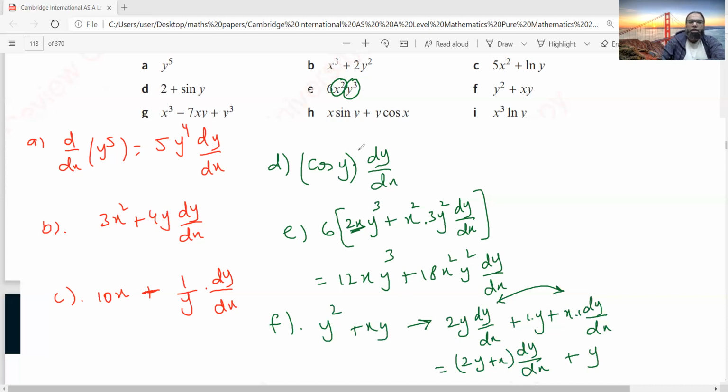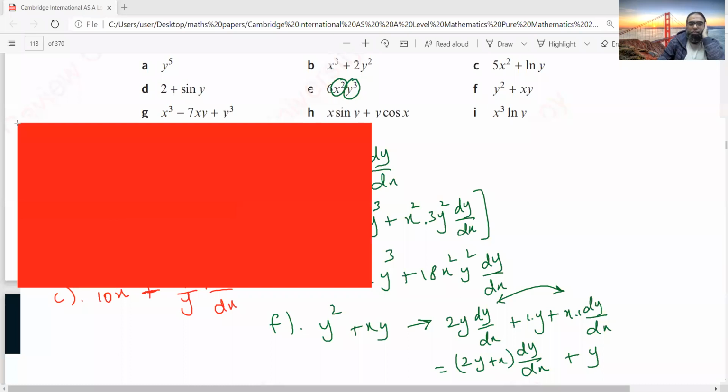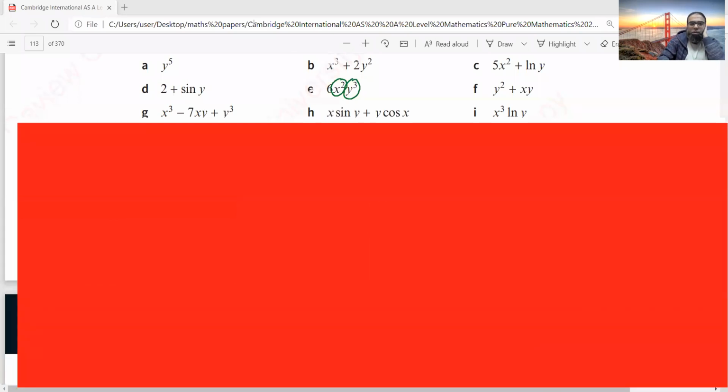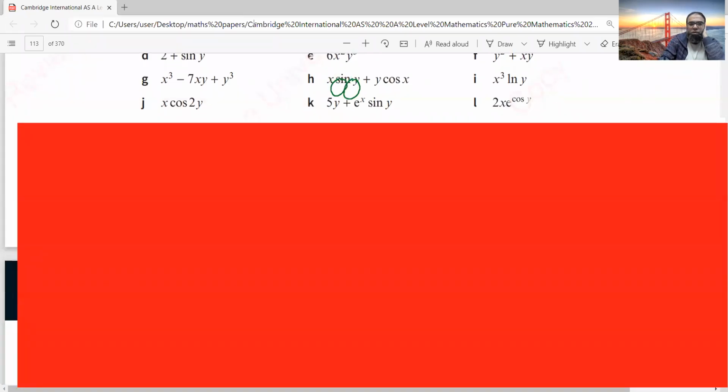If I take you to the parts which are coming after the f part, let's look at this part g. So in this g part, you have x cube minus 7xy plus y cube.